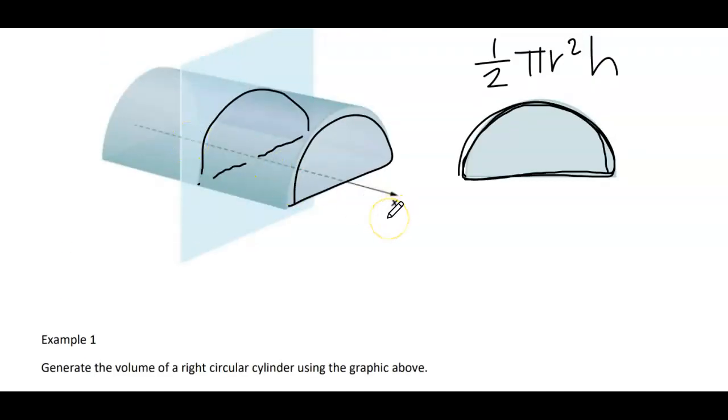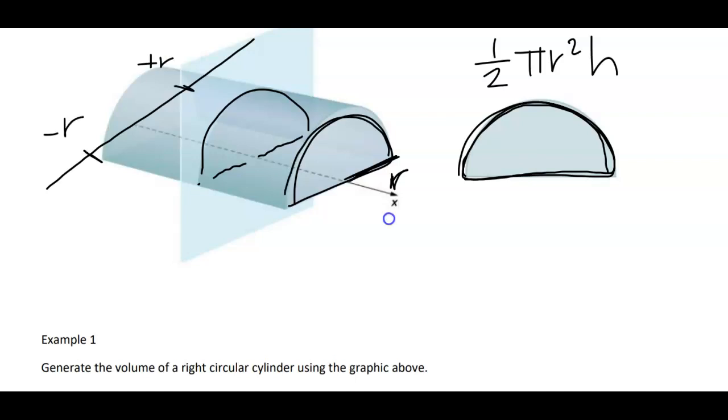This is our x-axis, and we're going to say our y-axis cuts like this. And so our radius here is what goes around. So this would be positive r. This would be negative r. And then the height of the cylinder, I'm going to go from 0 to h.